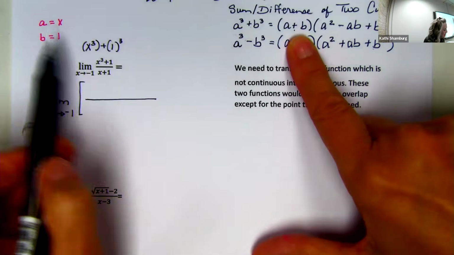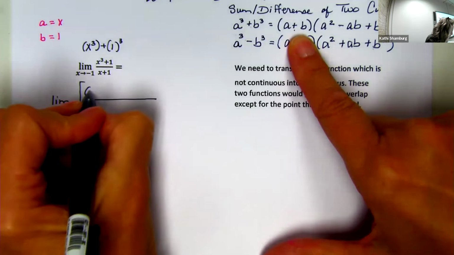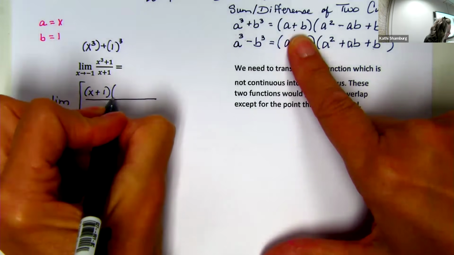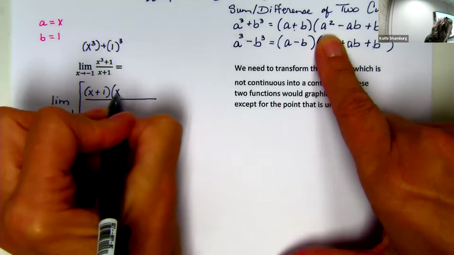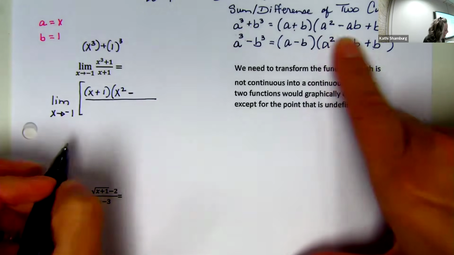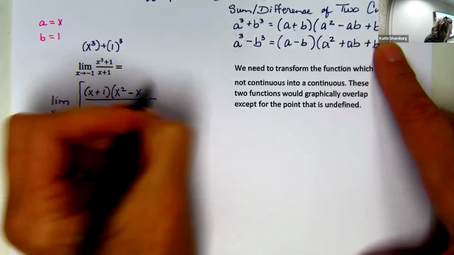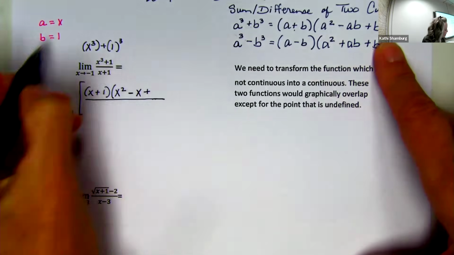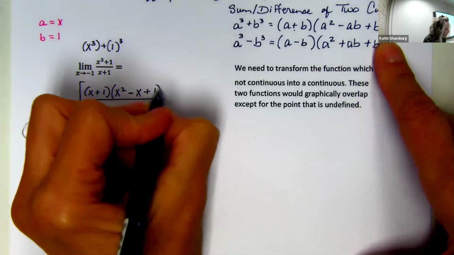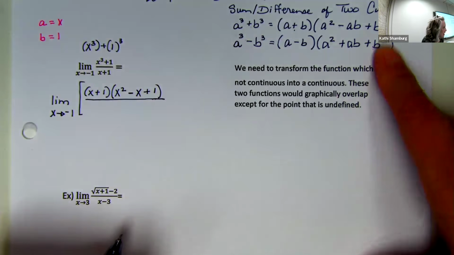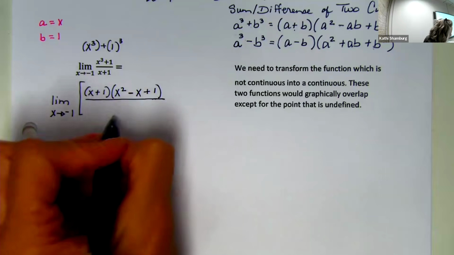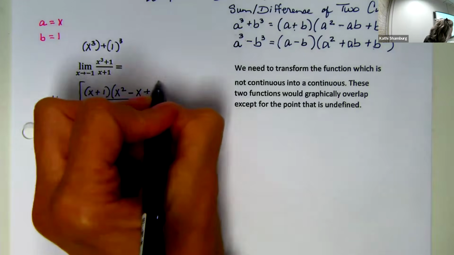So I have a plus b, that's going to be x plus 1, a squared, x squared, minus a times b, x times 1 is just x, plus b squared, 1 squared is 1. We just factored that. Then the denominator is x plus 1.